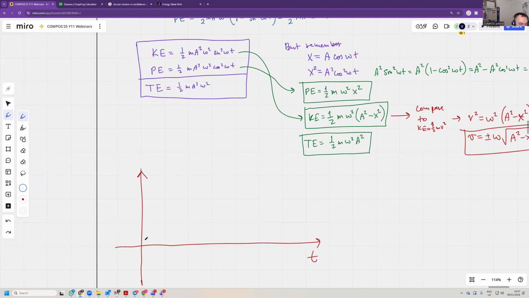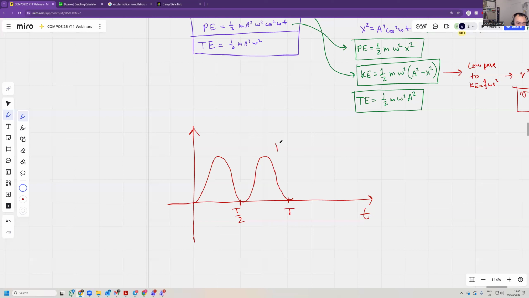So kinetic energy goes like this. So this is time period over 2. This is time period.